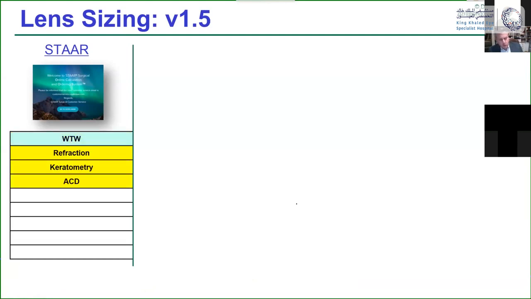So, of course, with a bit more insight, STAAR has upgraded their OCOS website to include other factors that add to the predictability of which lens to use. So obviously the power of the lens is going to be related to how much it bends.